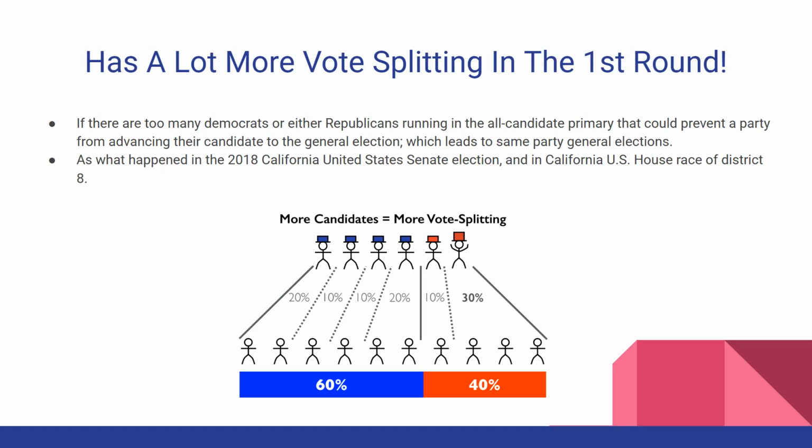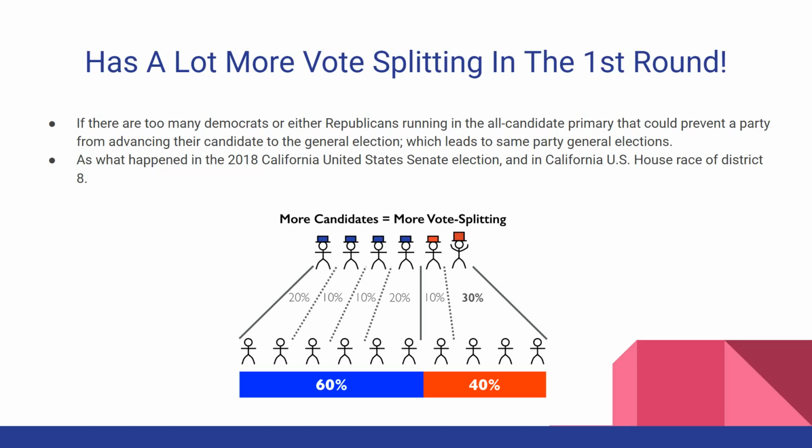And this happened in the 2018 California United States Senate race, and it happened in California's U.S. House race of District 8. And like I said earlier, this excludes parties that are in the minority from the general election ballot. It excludes them.